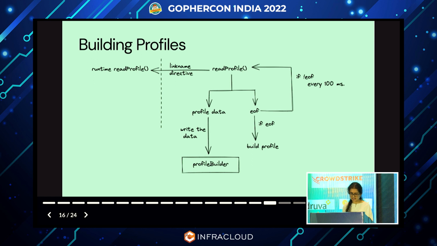So this profile is then added to the profile builder till an EOF is encountered. And then the profile is built, meaning a compressed version of the profile is constructed, a gzip compressed version. And it's written to the writer in profile builder.